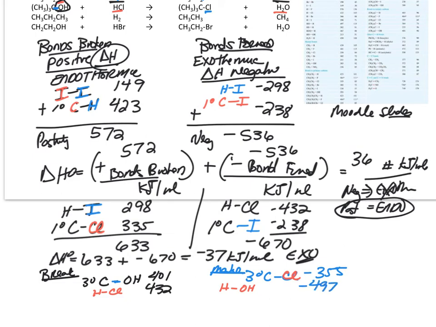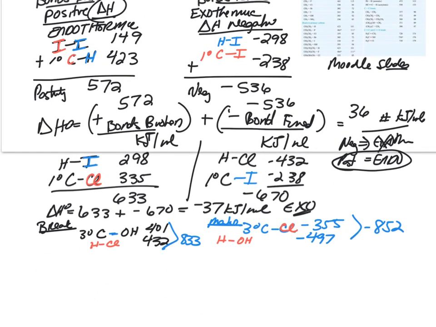And so we have 401 plus 432. That gives us a positive 833 kilojoules per mole. Negative 355 plus a negative 497. We have a negative 852 kilojoules per mole. And so our overall delta H then would be 833 kilojoules per mole plus a negative 852 kilojoules per mole.